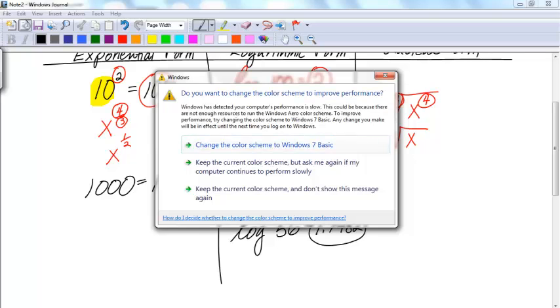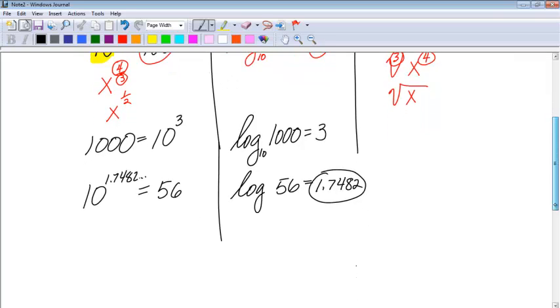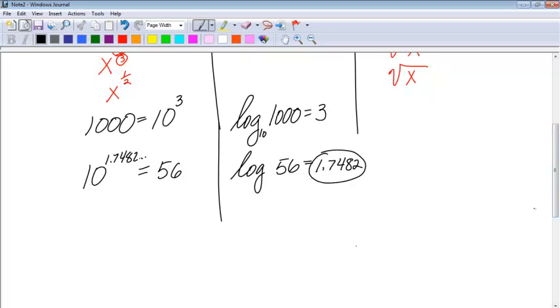So it's saying 10 to the 1.748, and that's rounded. Whatever that exponent is would bring you back to 56. That's the exponential form. So when you're taking the logarithm on the calculator, you're really finding 10 to that power. What's that exponent?